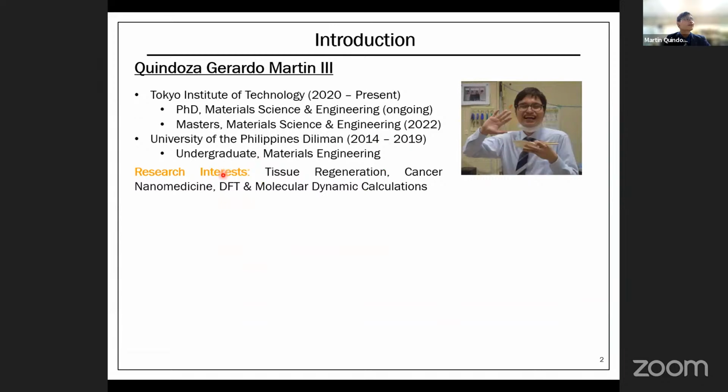Since my bachelor's, my research interest has been mainly biomaterials. I focus on tissue regeneration, now cancer nanomedicine, and aside from experimental work, I am also applying DFT and molecular dynamics calculations in my research.